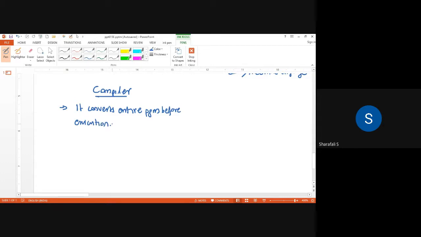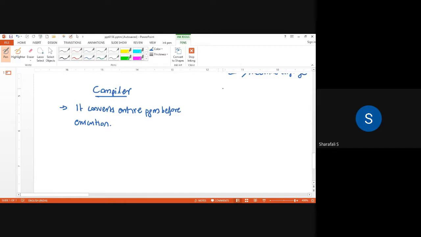What that means is, if you have a program in your system written in a high level language that has to be converted into machine language, and you are using a compiler, then this compiler will convert that high level language into machine language entirely before executing the program. So first it converts from high level language to machine language.